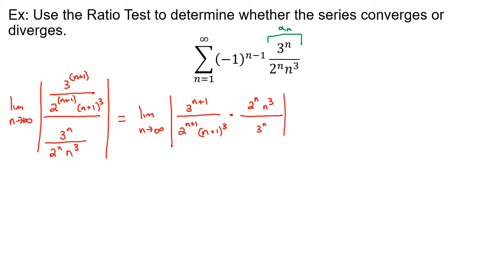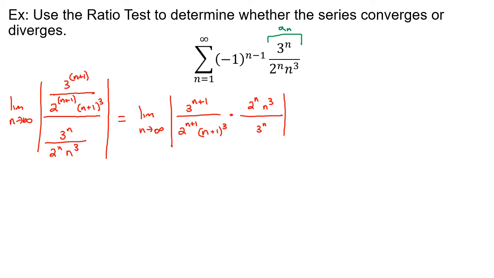And so you have to do a little bit of remembering about how exponents work. For instance, you have a 3 to the n on the bottom right that will combine with the 3 to the n plus 1 on the top left. Like bases, so you subtract your powers.